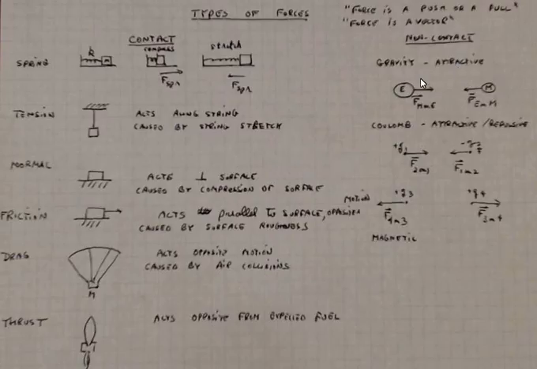So in terms of non-contact forces, pretty much the only one we're going to be talking about in this quarter is going to be gravity, and it will usually have the label weight.